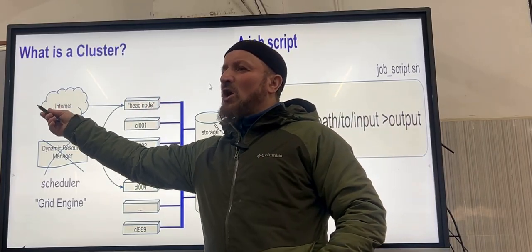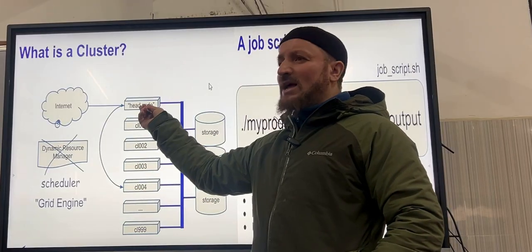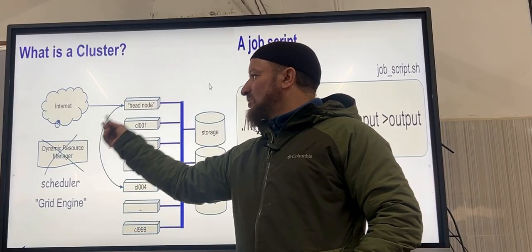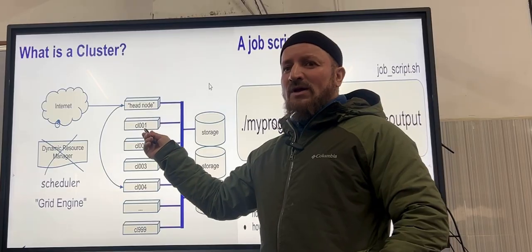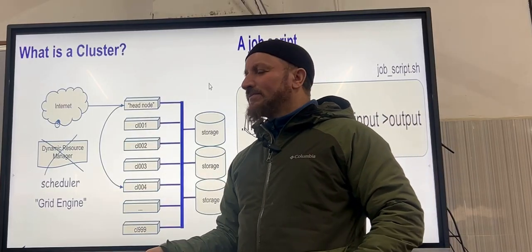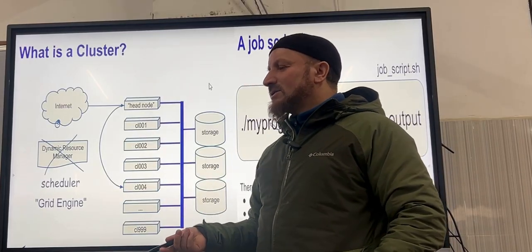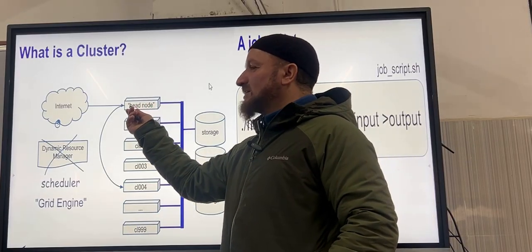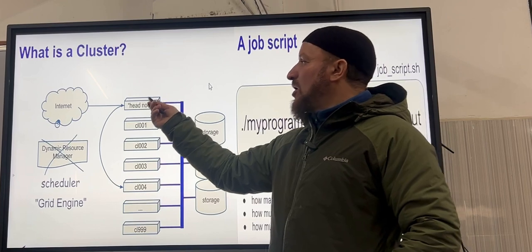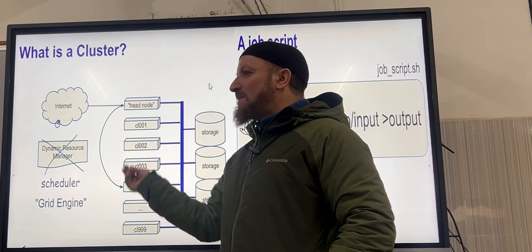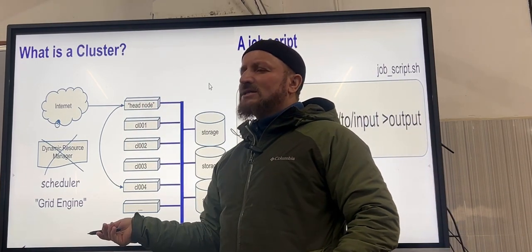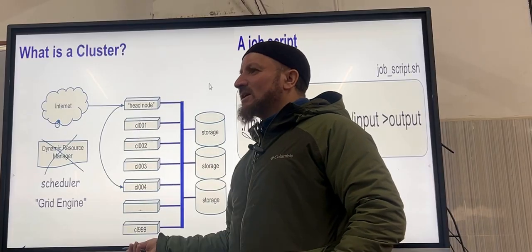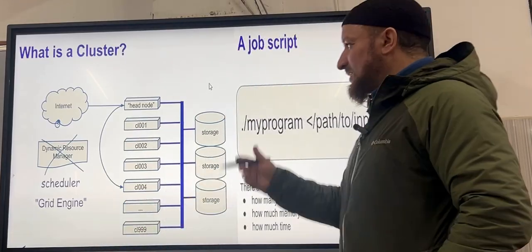That means the job comes to the cluster via the head node, and the head node has the software which assigns the jobs to the other computers. These are also nodes, but it's called a head node because it has the extra job of scheduling and managing things. It's kind of an admin of these clusters. But it's again a computer, right?